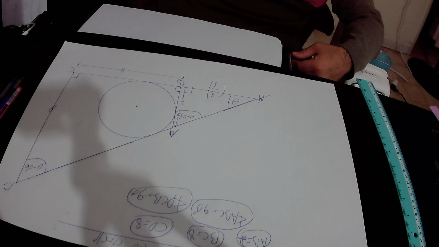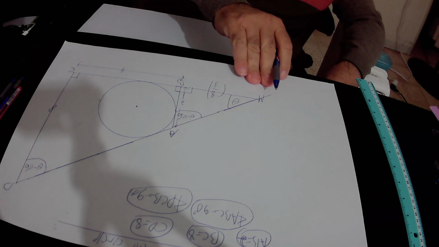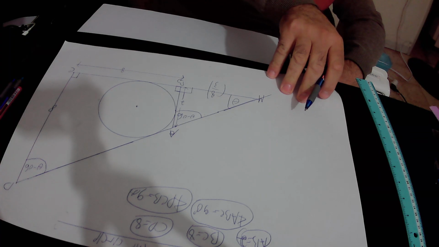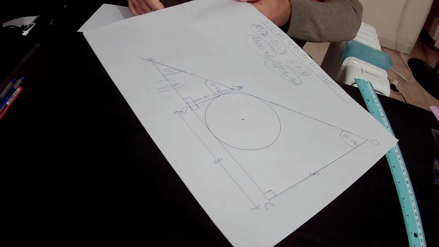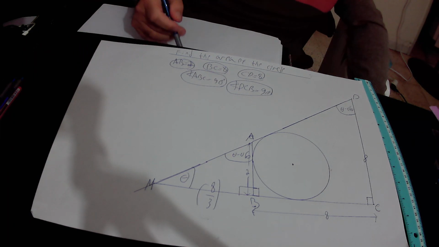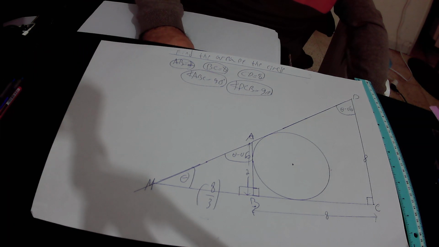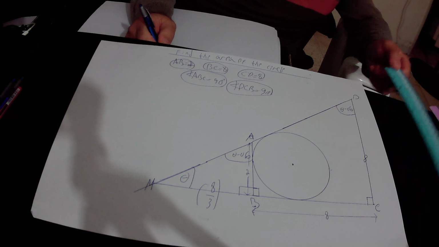In the next step, we'll focus on the right triangle AMB and implement the Pythagoras theorem. According to the Pythagoras theorem, in any right triangle, the square of the hypotenuse equals the sum of the squares of the perpendiculars.